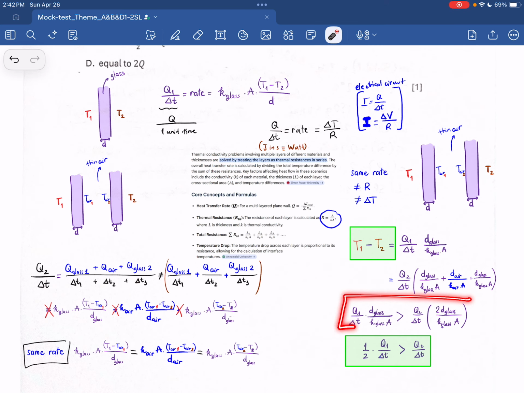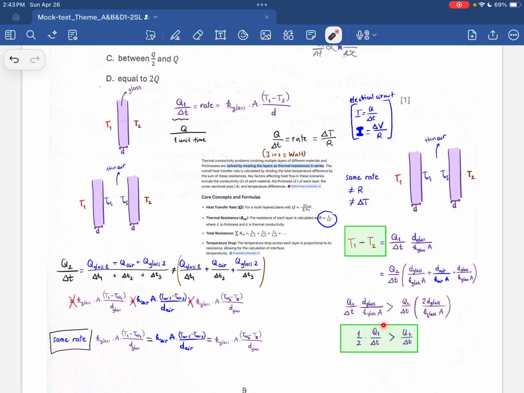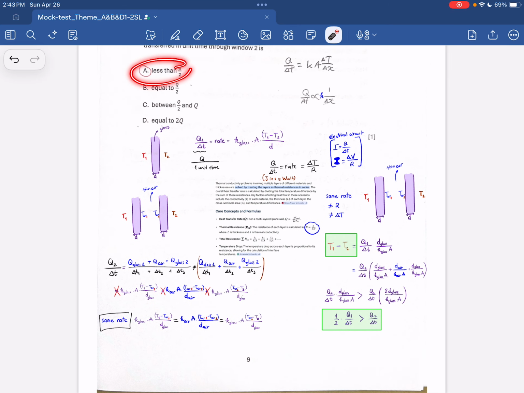That's why we can have this relationship. From here we can simplify. The glass K and A are the same, so we just have the 2 here. If we divide both sides by 2, we get this. This one turns out to be the rate of the first case, Q, and this one is the second case, so it's less than half of it. So our answer is A, less than Q over 2.